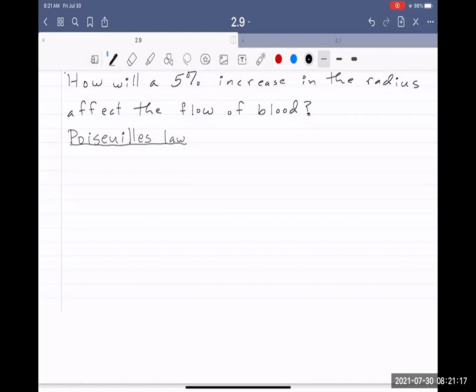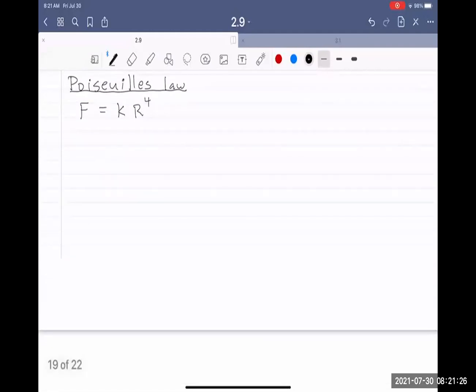So we have that flow F is equal to some constant K times r to the 4th. So we want to look at the relative change in F and the relative change in r.